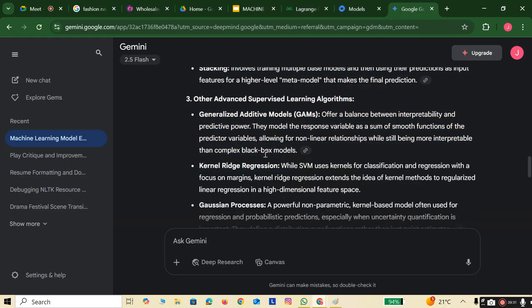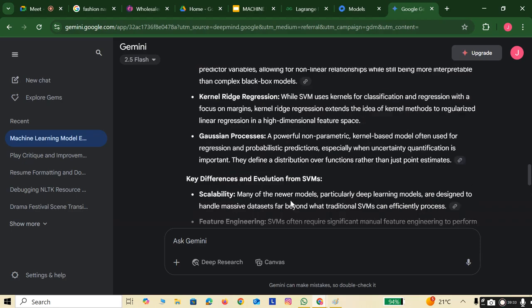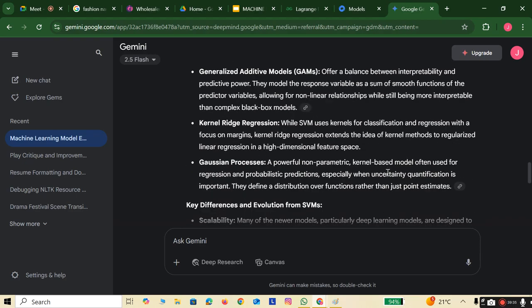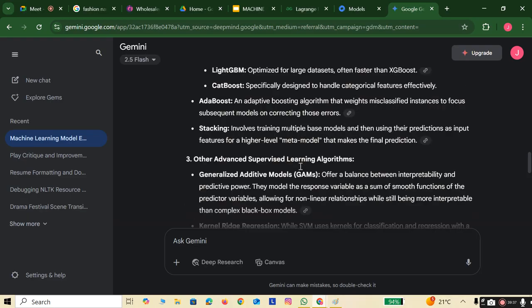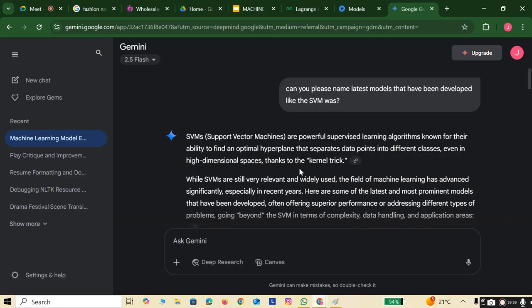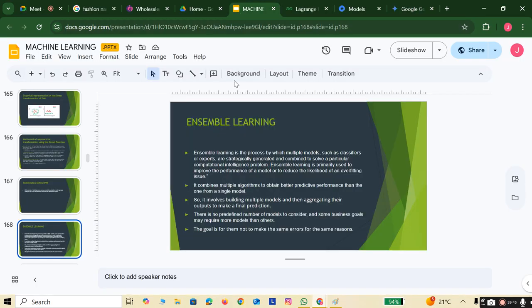So these are the models that keep on coming and people are developing them. It's just that there are so many of them out there, and they have not gotten the media attention that they should. But there are some companies which even develop their own models; they do not want to make use of the already existing ones.